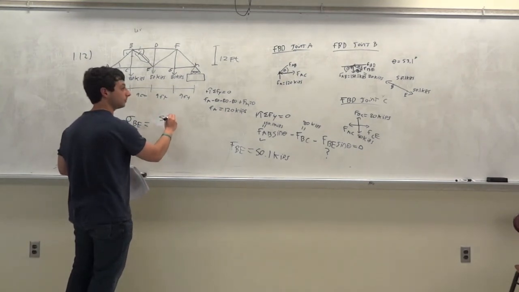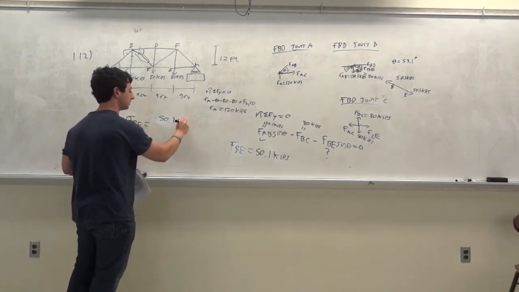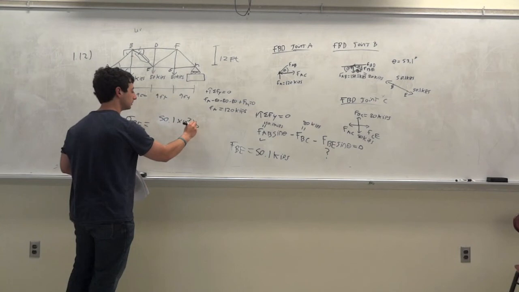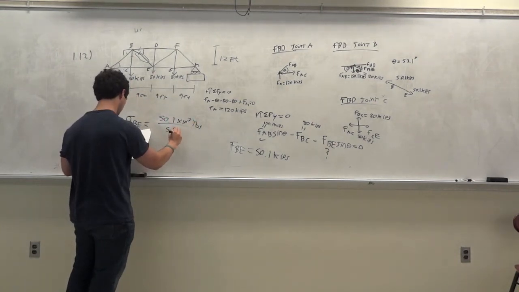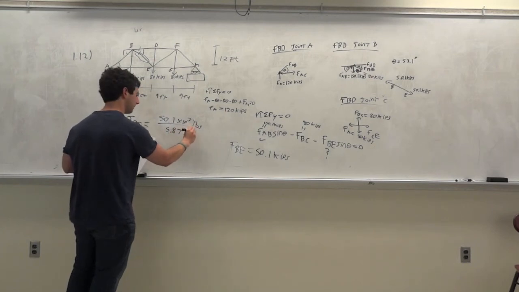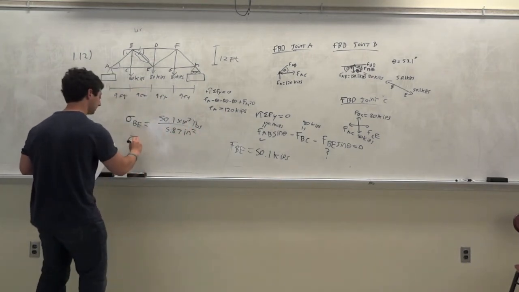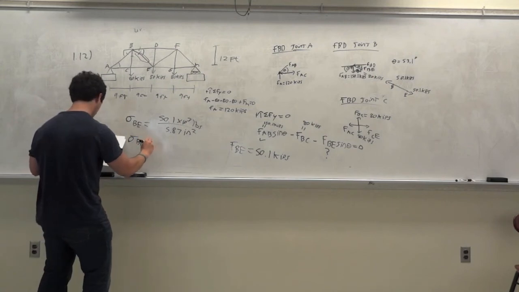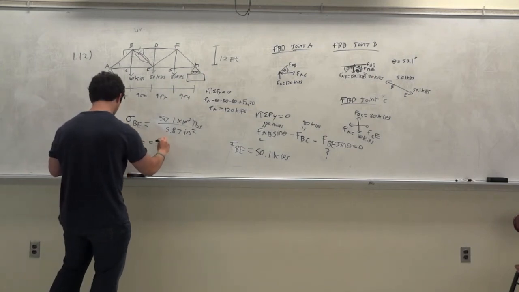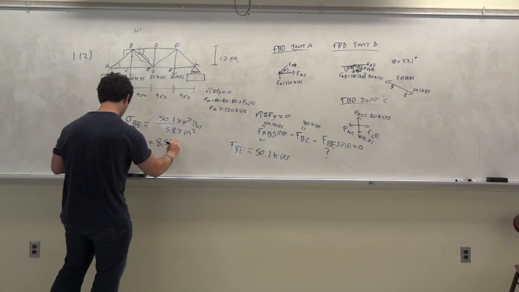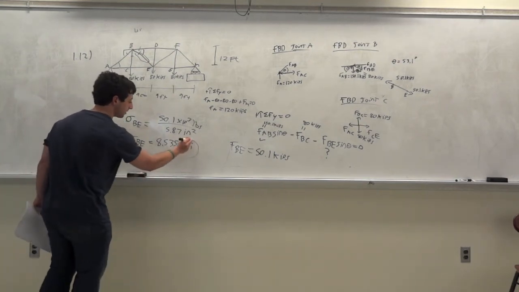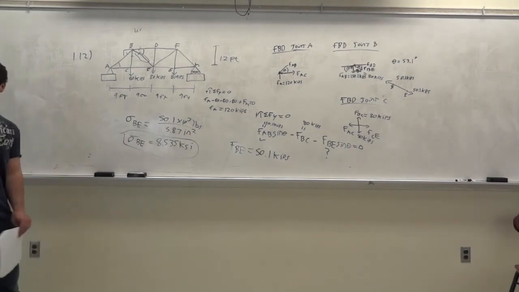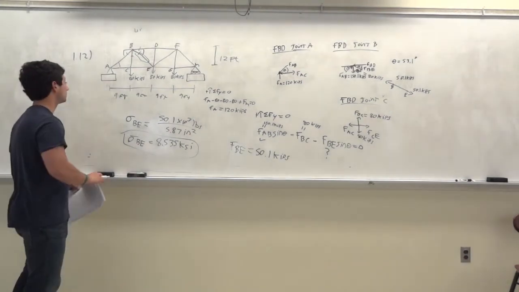So it's 50.1 times 10 to the 3 pounds all over the cross-sectional area, which is 5.87 inches squared. So sigma BE is equal to 8.535 KSI. So that's just stress in the link.